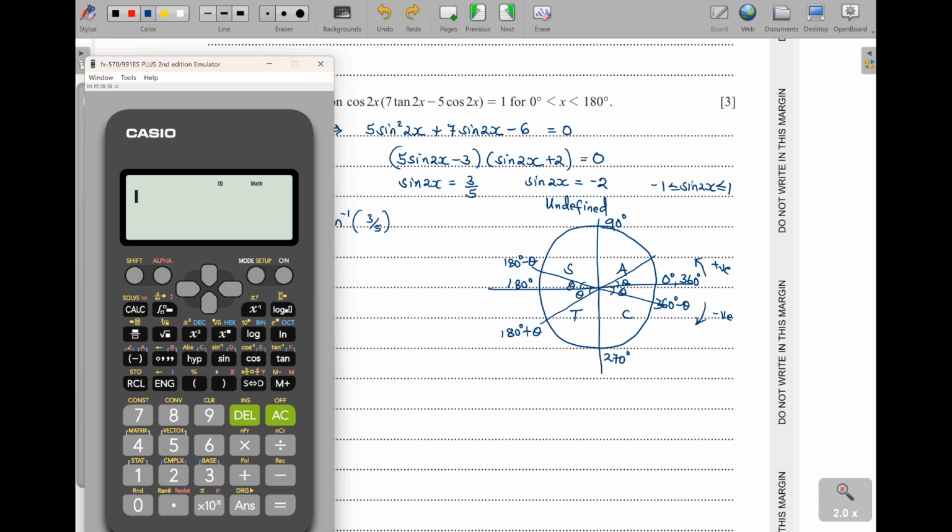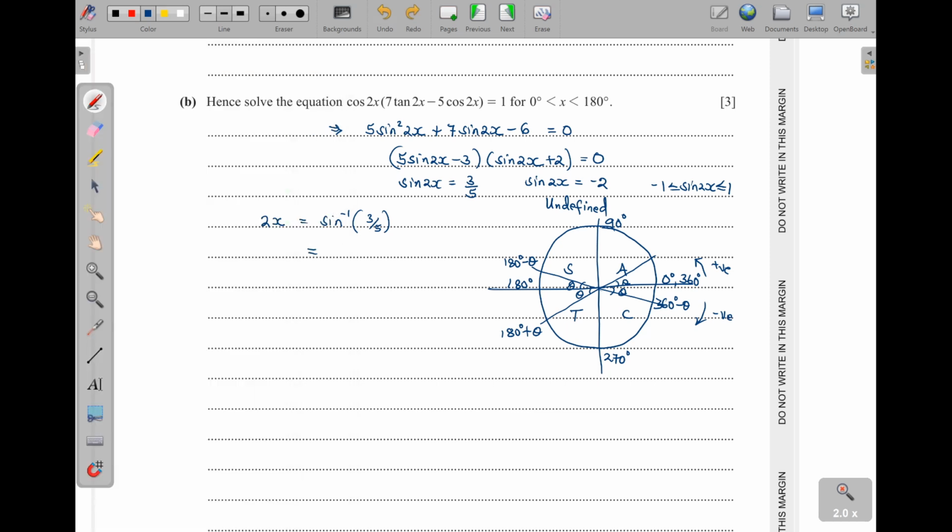My calculator is already in degrees, so shift, then arc sine, 3 out of 5. This one gives us 36.9 degrees. Then the next one will be 180 minus that acute angle we have gotten, the 36.9.